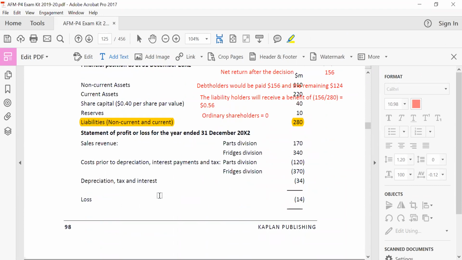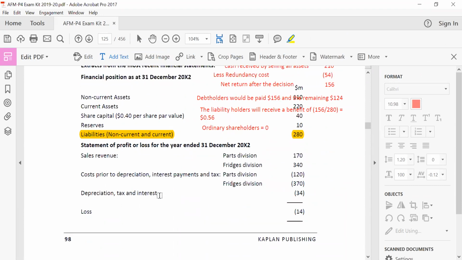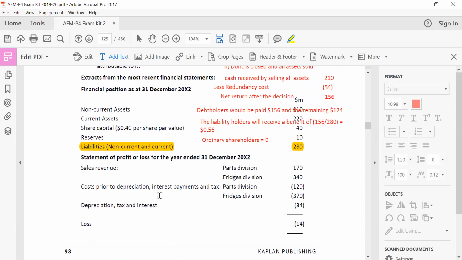So what is the current equity value as we speak? We need to estimate the current equity value. The current equity value is now the shares, which is 40, plus the reserves, which is 10.